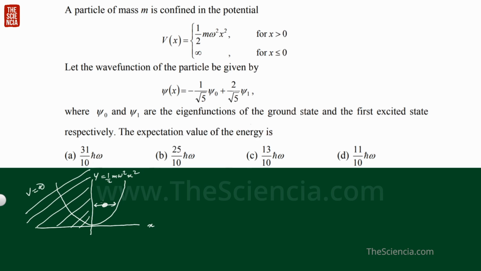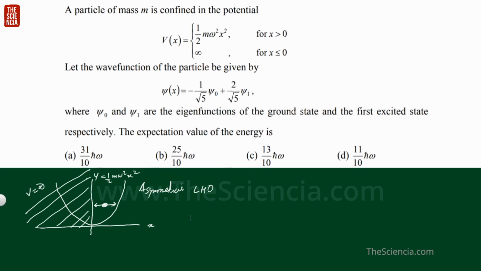So this is not representing a linear harmonic oscillator. So there is no symmetry. So this is called an asymmetric linear harmonic oscillator.